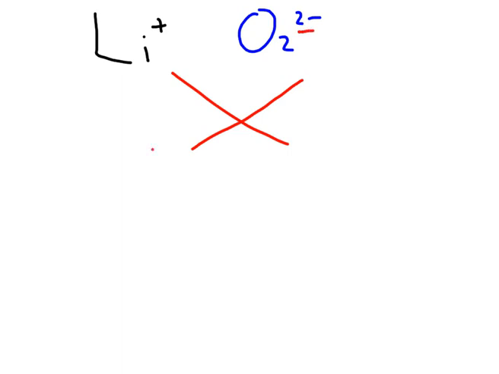I'll put that down. Peroxide gets the 1. But there's a 2 already as a subscript in the peroxide. Remember, you cannot change the subscript on a polyatomic ion, otherwise it ceases to be the polyatomic ion.